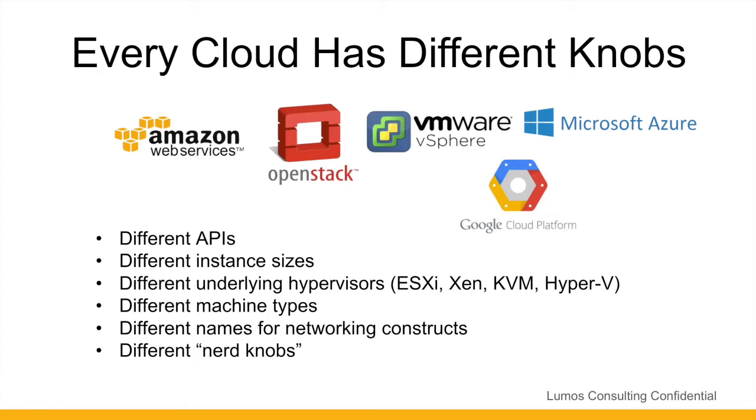So VMware has ESXi, Amazon has Xen, OpenStack has KVM, Azure has Hyper-V, and Azure Pack and Hyper-V. So these are all different types of hypervisors. And there's different machine types, different names for networking constructs, and different nerd knobs. So when you tool your applications, when you start to do the automation process, you'll have to write a new automation process typically for every one of these.